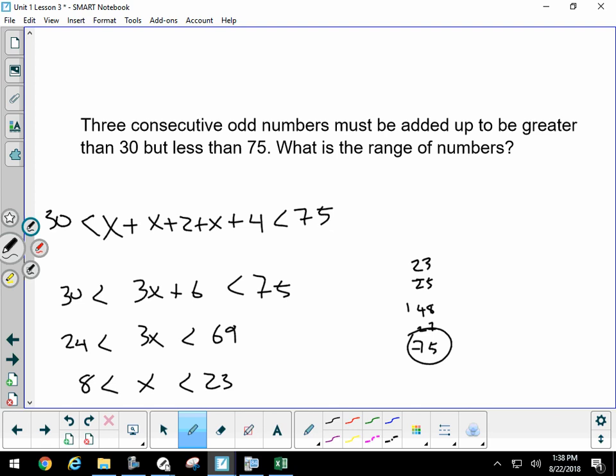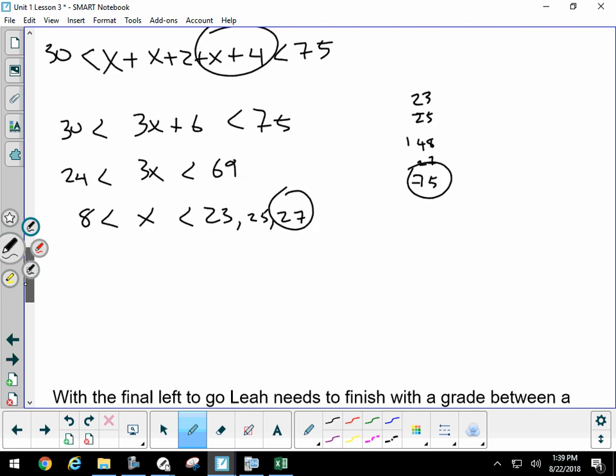So 23 is the start of the biggest number. You could go to 27 as the largest number because we're having x and our biggest number is x plus 4. So I wouldn't worry too much about it, but if you think about it, the largest number that you can have in your 3 consecutive odd numbers is 27.